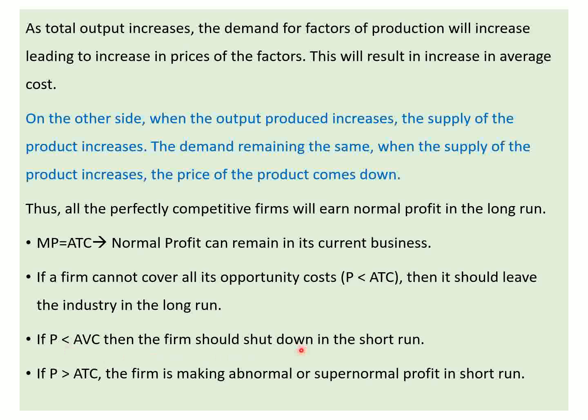If P is greater than average total cost, the firm is making abnormal or supernormal profit in the short run, and this will probably be taken by other firms or will ultimately reduce in the long run.